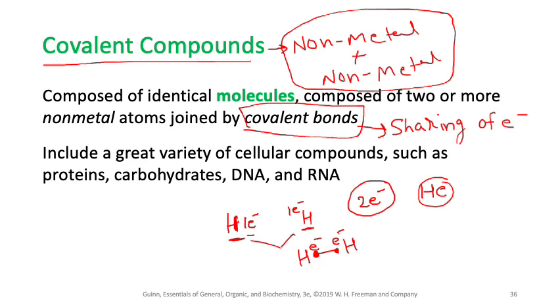So the first hydrogen has 2 electrons, and the second hydrogen also has 2 electrons, because they are in partnership. So now 2 electrons belong to both the atoms, and now they are stable. So this is how the covalent compound shares the electrons. We're going to do more examples, but this is just a concept.